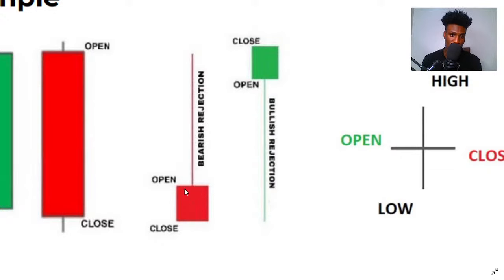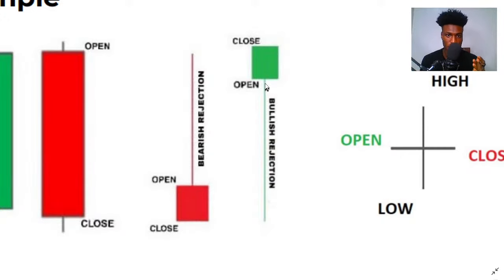Took it below the opening price. So when this candlestick opened, buyers took charge, and then there was this rejection by the bears. They rejected this candlestick from going any further and came to close it below the opening price. That's why it's a bearish rejection candlestick.